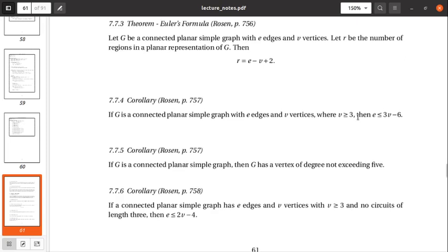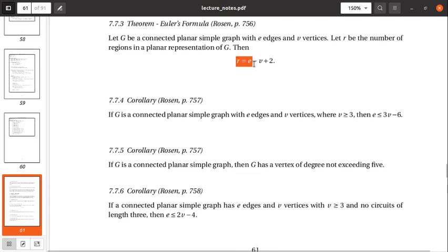So now we have a theorem. Not a definition, but a theorem. Given some graph, G, let it be a connected, planar, simple graph with edges E and vertices V. So it's both planar and simple. And let R be the number of regions in a planar representation of the graph.